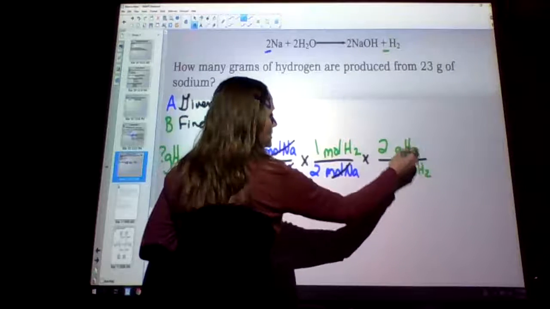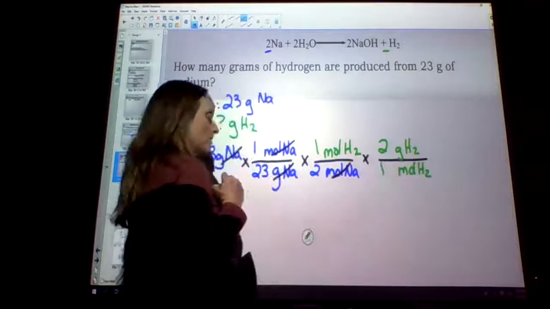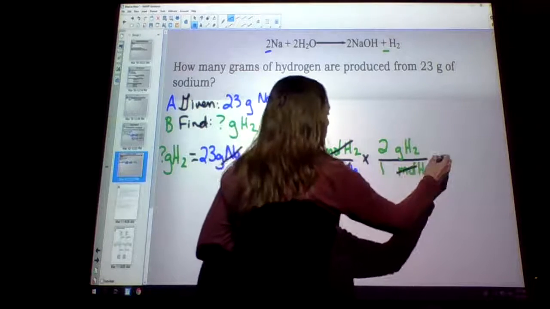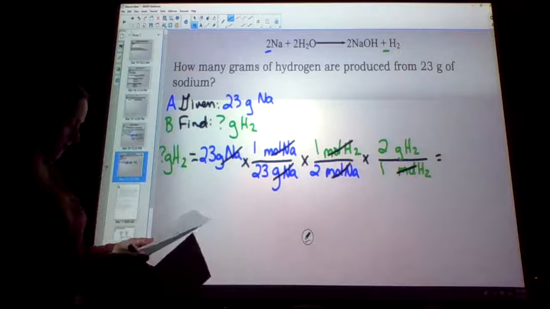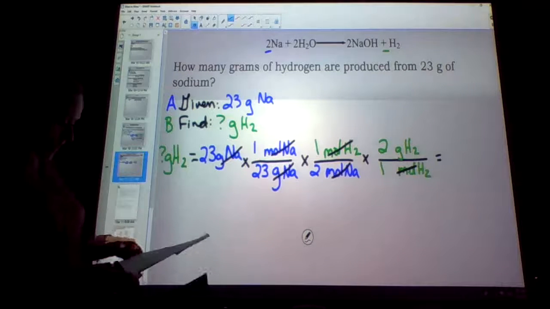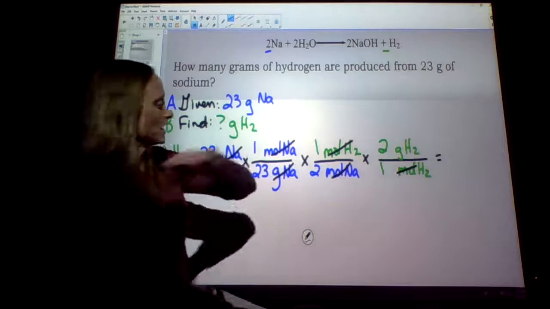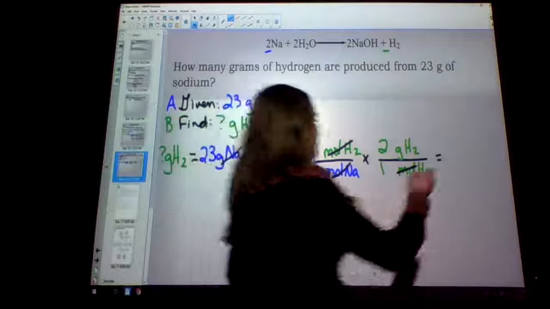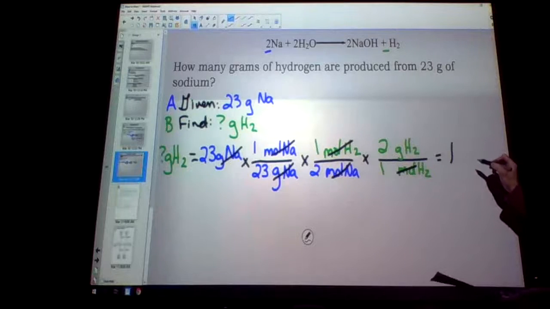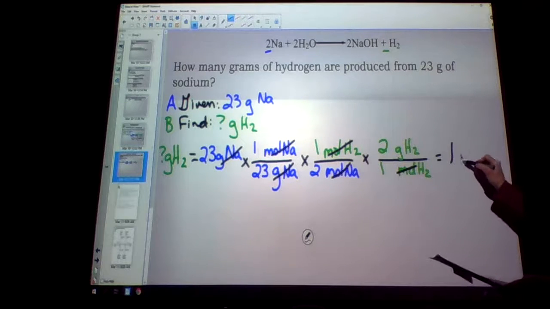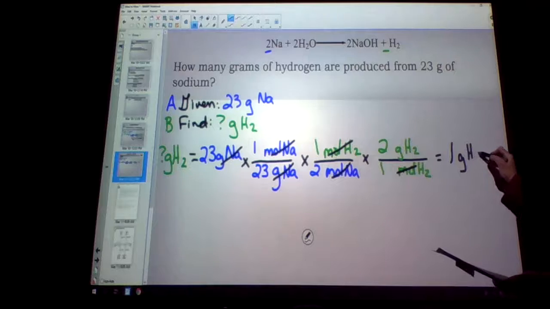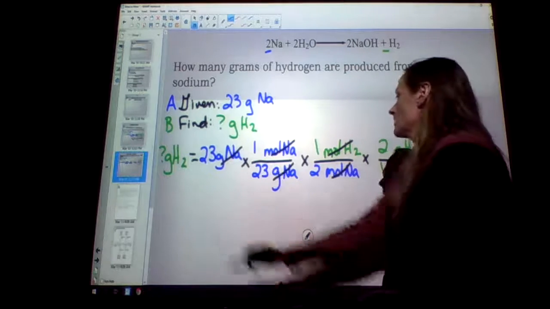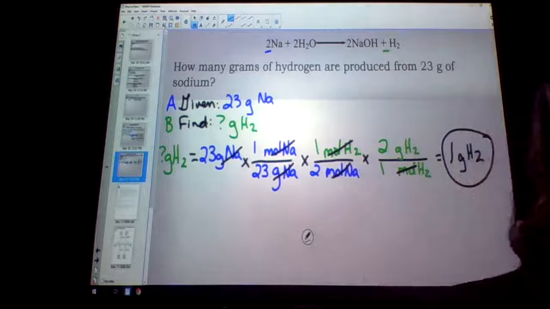Since our substances are the same, we put in a 1 for our number of moles. And our moles of hydrogen cancel out. You multiply everything on top, multiply everything on bottom, and hopefully you'll see that you get the answer of 1 gram of hydrogen because everything cancels out. 23 cancels, the 2 cancels, and you end up with 1 gram of hydrogen.